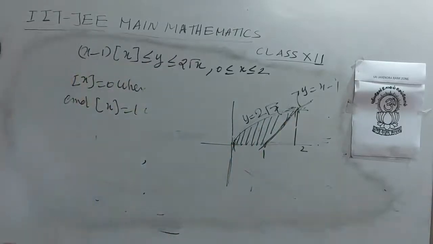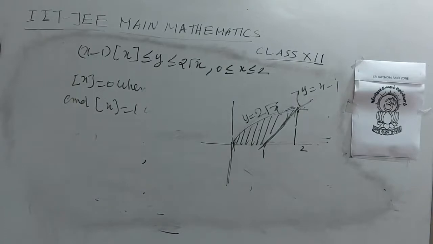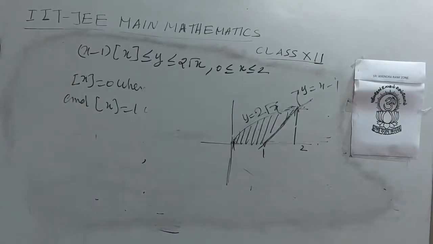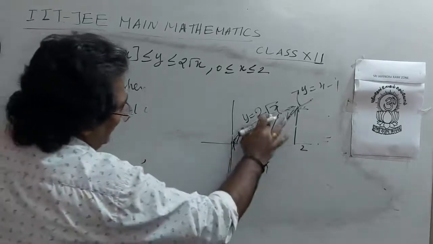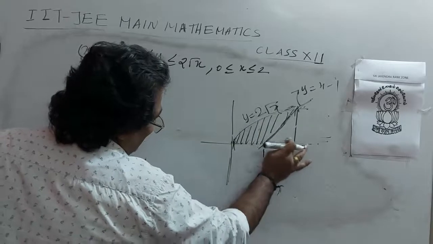We need this area. For this, you find the area between this curve and the x-axis and subtract this area.